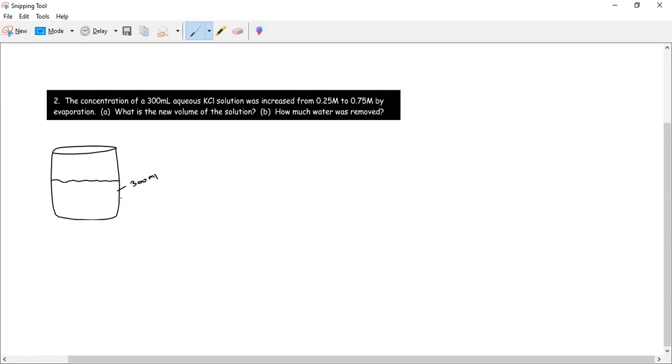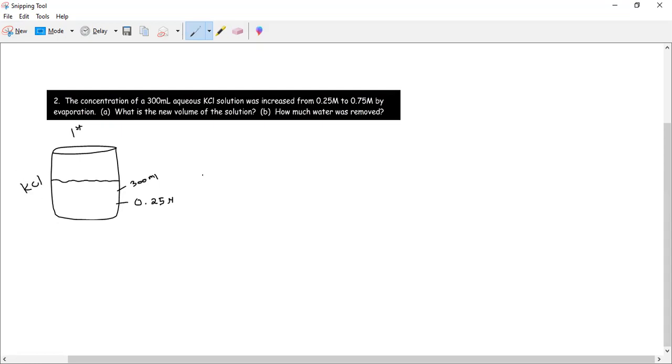It says the solution was increased from 0.25 to 0.75 in terms of molarity, which means that this 300 milliliters is referring to the first molarity before it was changed, which is 0.25 molarity, right? So these are two characteristics that we have about the first solution, which is of course KCl.